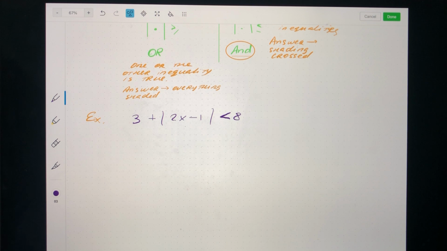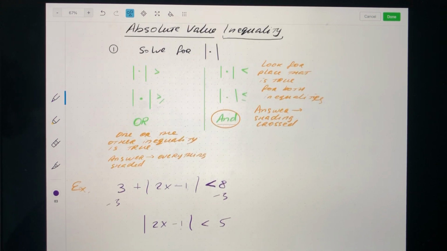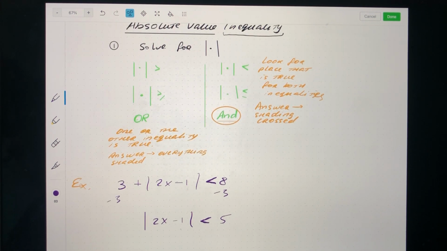So the first step is the same. We solve for the absolute value by subtracting 3 from both sides. That makes absolute value 2x minus 1 less than 5. Now at this point we note that we have less than, and so our setup is of the AND type.